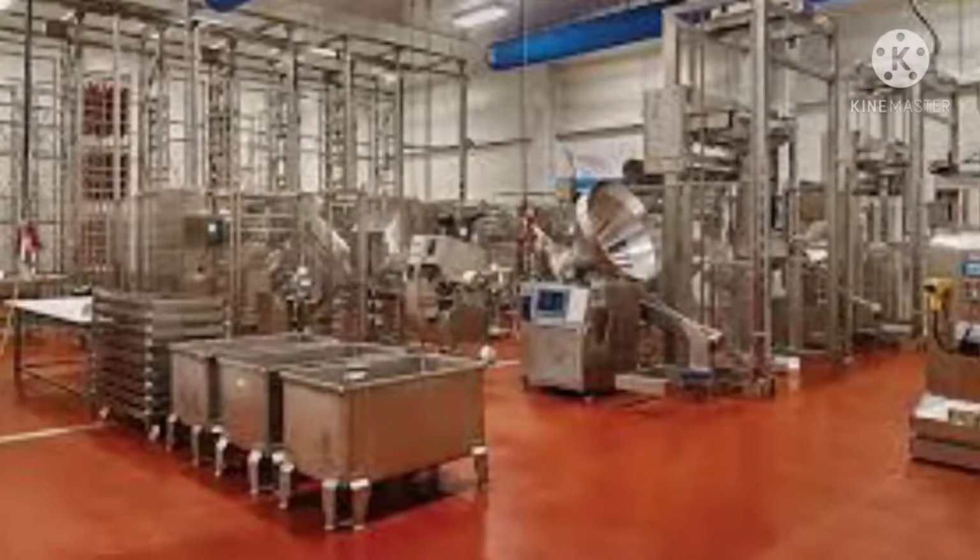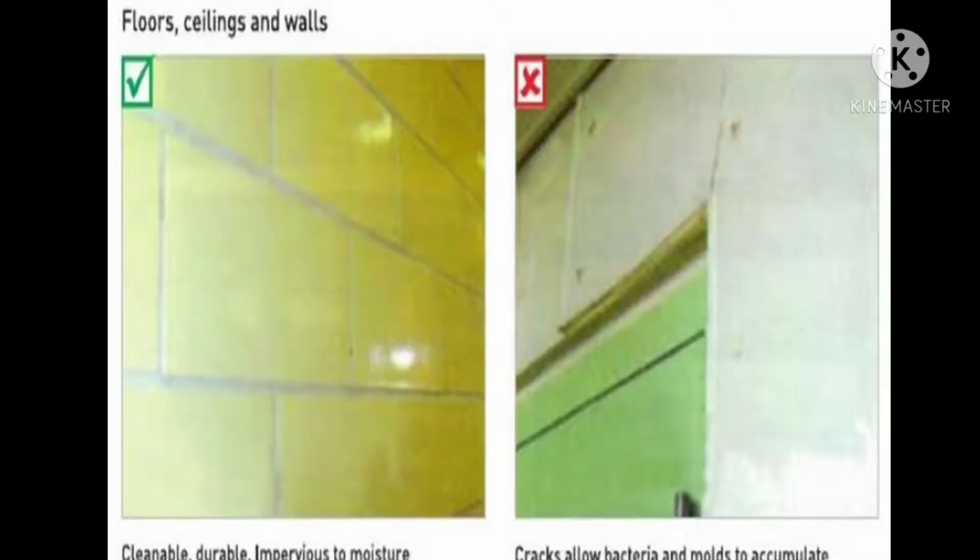The internal design and layout of food establishments should permit good food hygiene practices, including protection against cross-contamination between and during operations by foodstuffs. The floors, ceilings, and walls of the establishment should be cleanable, durable, and impervious to moisture.